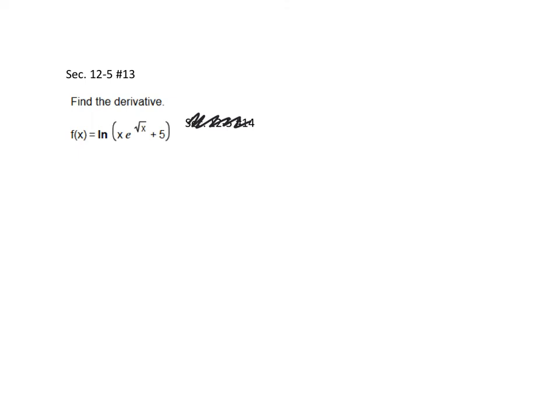So we're going to find the derivative of the function f of x, and f of x is the natural logarithm of a function. So the inside function for our chain rule here is going to be x e raised to the square root of x plus 5, and we will need to find its derivative.